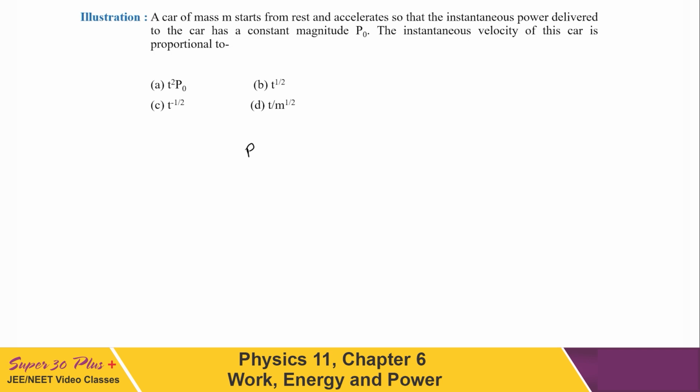Power, as we know, can be written as F into V, which has value P0 as provided in the question. Now we can write F as m dV by dt. So F is equal to m dV by dt multiplied with V, which will be equal to P0. Let us first take all the variables on one side: V dV on one side and dt on the other side.